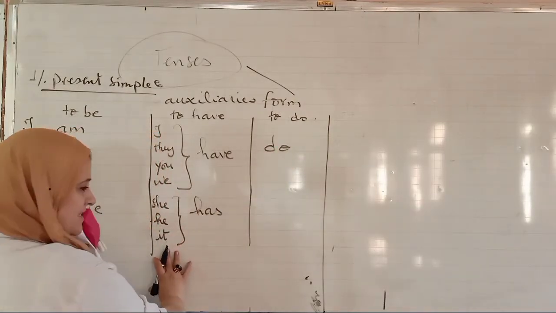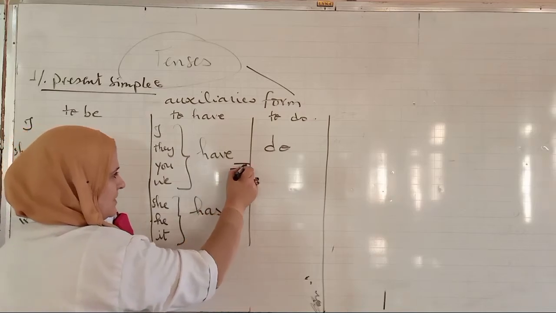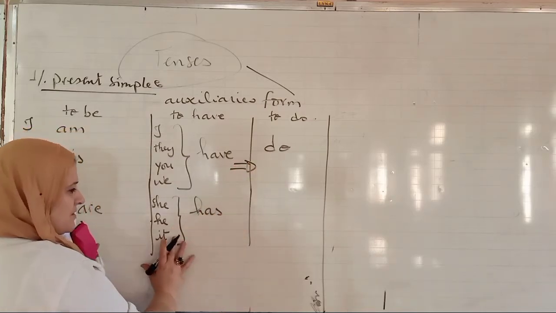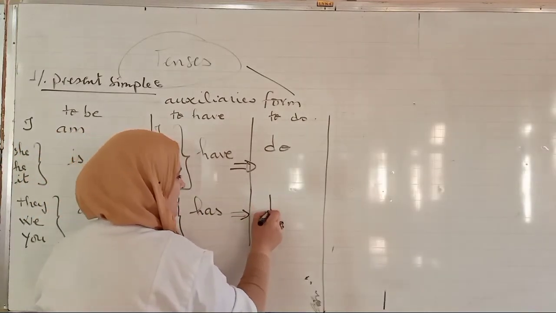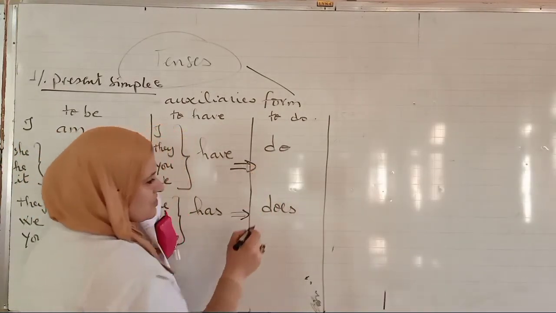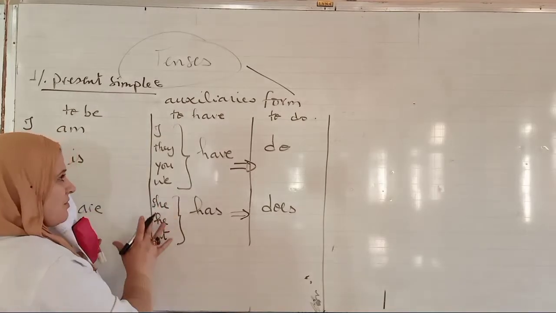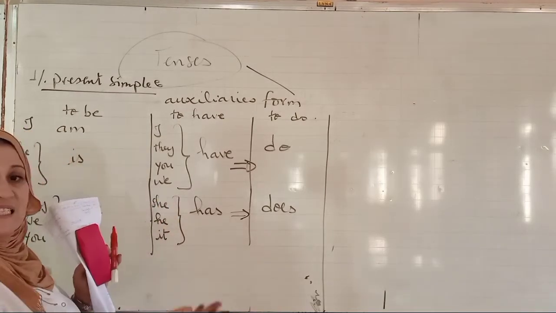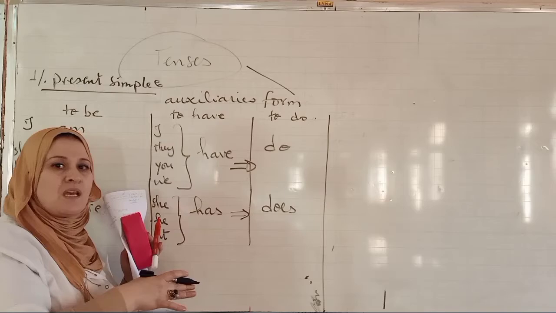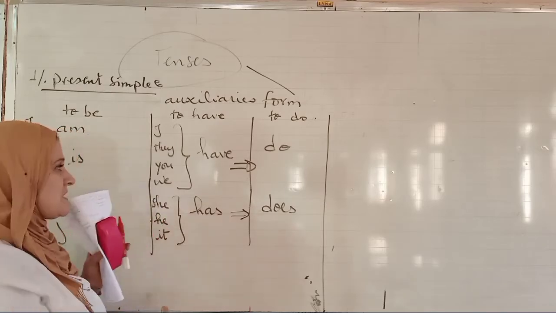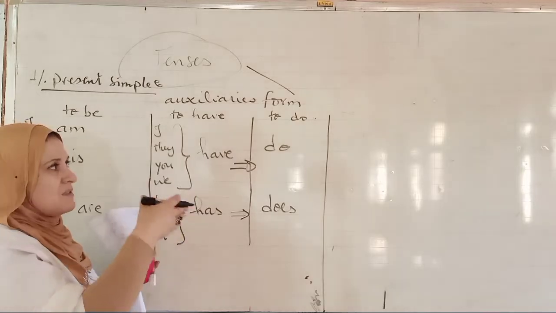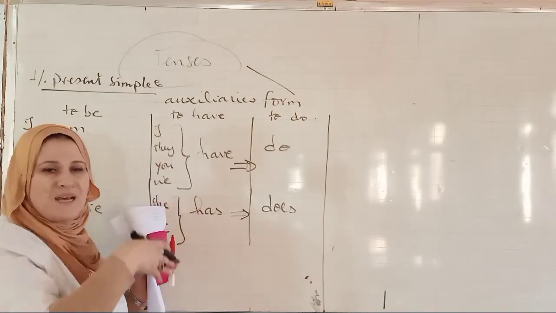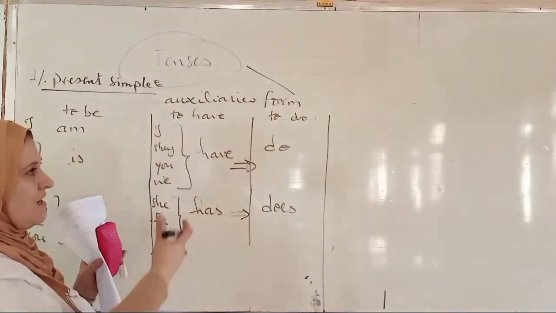With the third person singular she, he, and it, it is does, as we mentioned earlier. So the auxiliaries, we need them for the next tenses, like the continuous and the perfect. We use the auxiliaries in the present simple, and we add something like the ing form or past participle of the verb. We see that after.